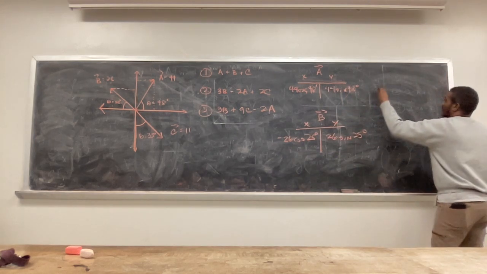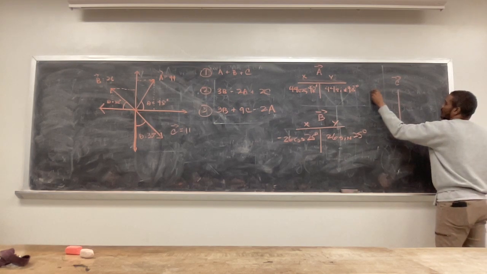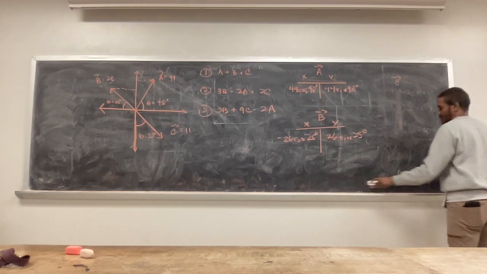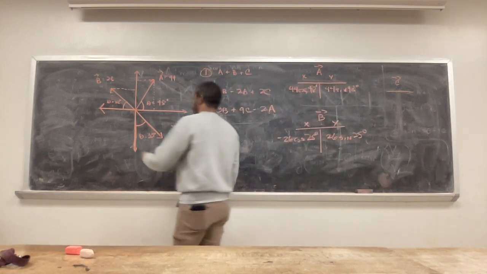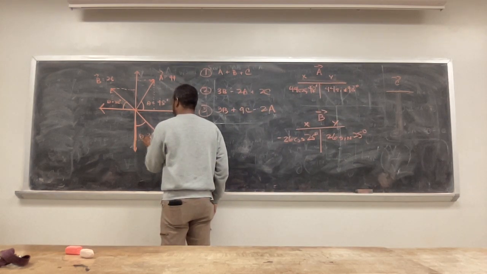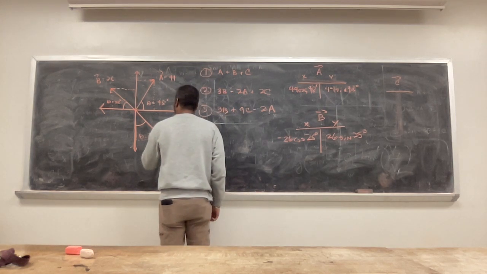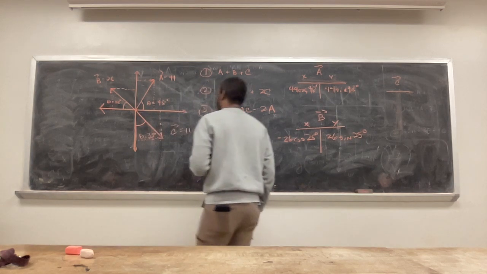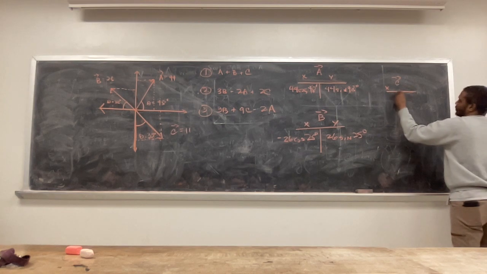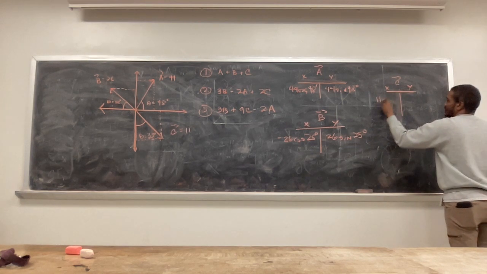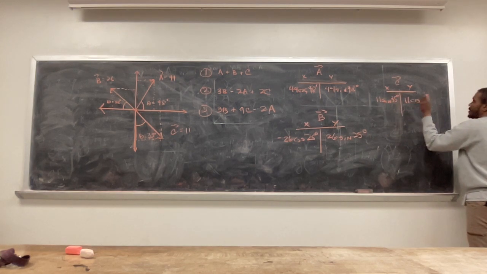Now what about C? The x component is 11 sine 35, and the y is 11 cosine 35, right?